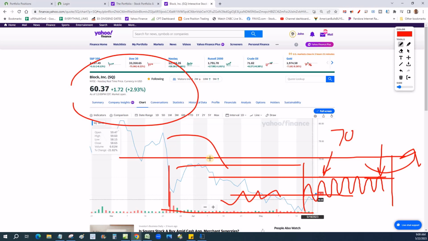It's all about sandbox. We're going to talk about sandbox because this is a critical part of your education when it comes to picking great stocks and great opportunities with covered calls and cash secured puts. We have to identify a stock's sandbox.